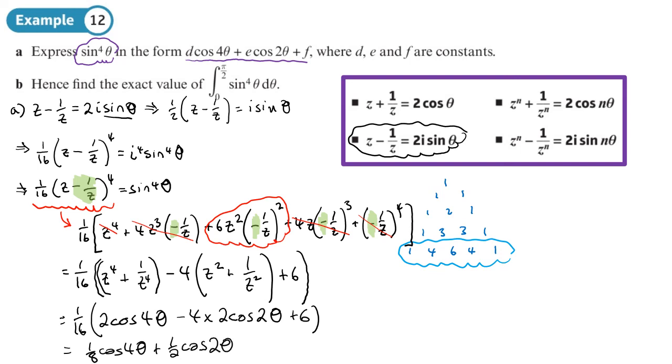And then the 6 over 16 becomes 3 over 8. So this is our final answer here, and we found the values of D, E and F. So that's part A. Now in, oh sorry, I've got the wrong sign here. That should be minus, because I have got a minus here. So I should have a minus there.